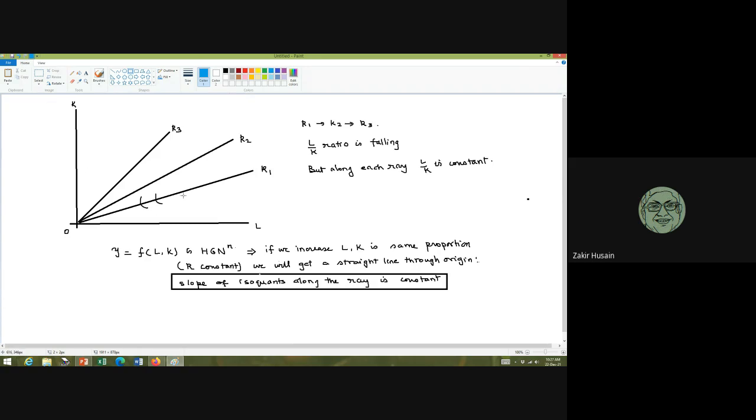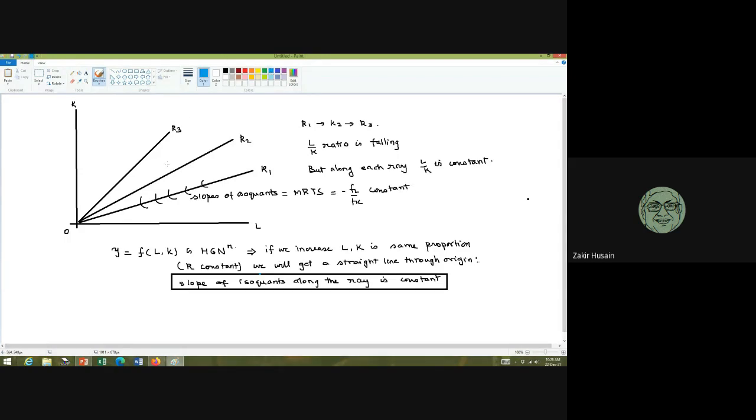So if you're taking isoquants over here, we can draw different isoquants. The slope is constant.